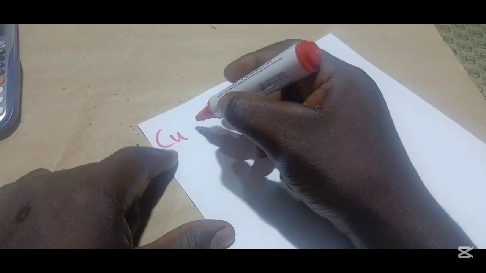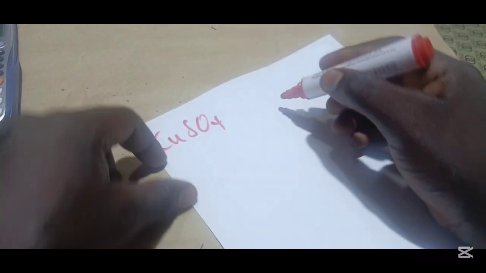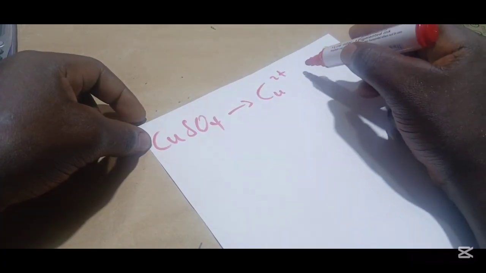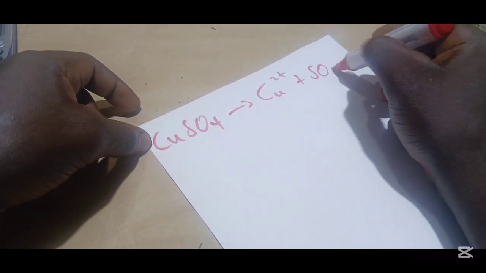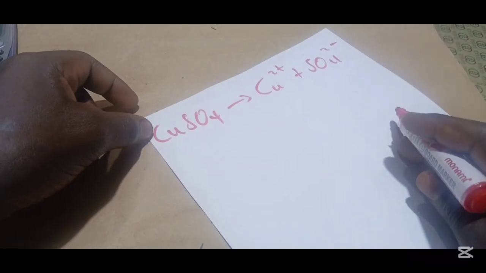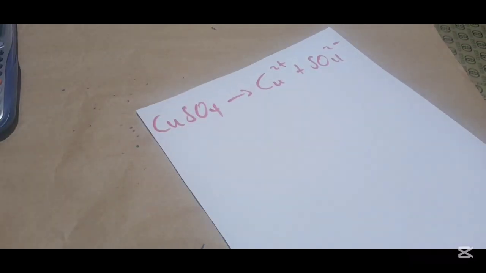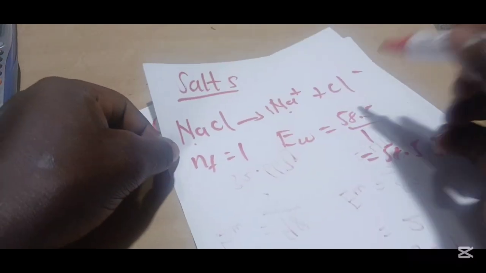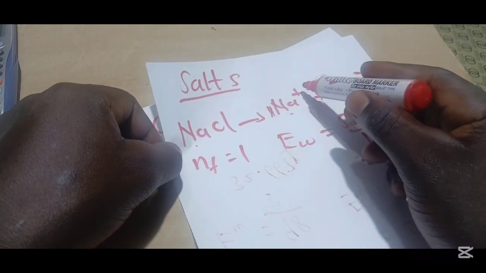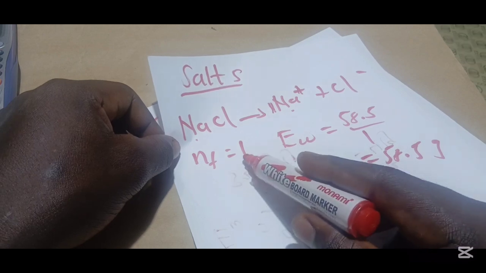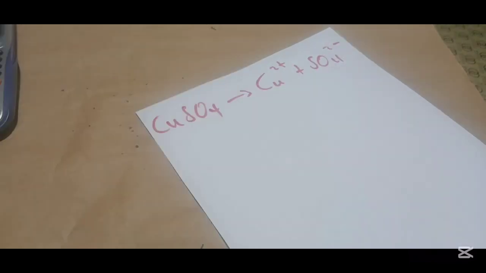So what about CuSO4? This is going to give us Cu2 plus and SO4 2 minus. From the previous example, we said our N factor is from the charge on the cation. So we had 1 there, that's why our N factor was 1.